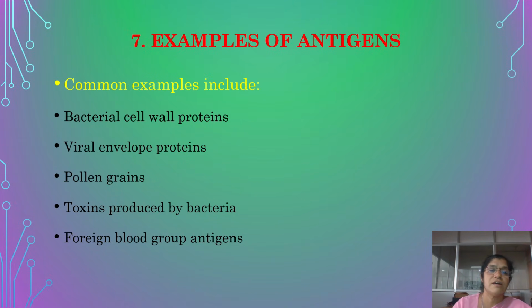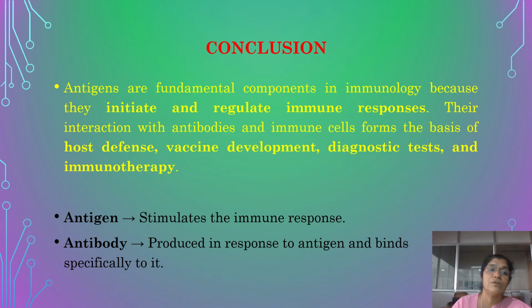Examples of antigens are bacterial cell wall proteins, viral envelope proteins, pollen grains, toxins produced by bacteria, and foreign blood group antigens. Conclusion: antigens are fundamental components in immunology because they initiate and regulate immune responses.